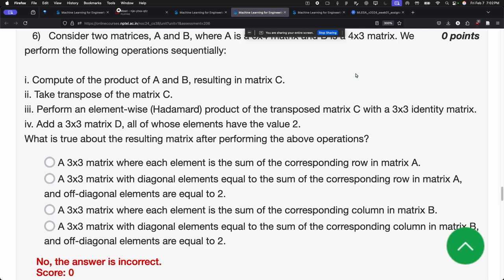Read the options. So the options B and D, second and fourth, might be the correct ones, because ultimately we are multiplying it with the identity matrix. But anyways, let's see the answer.